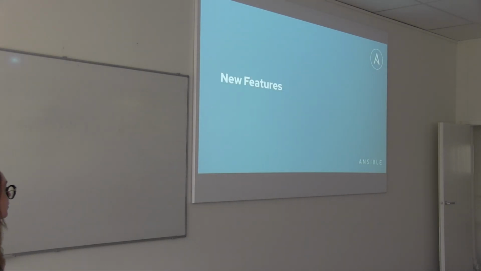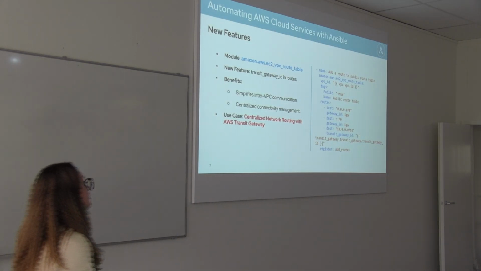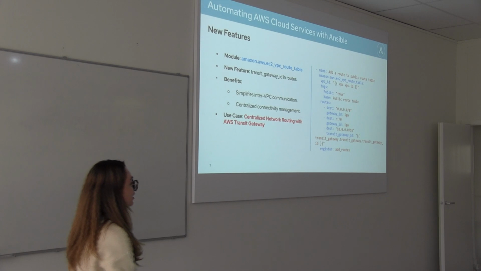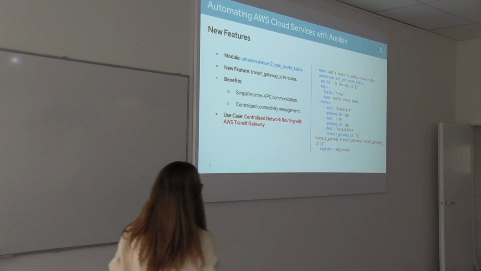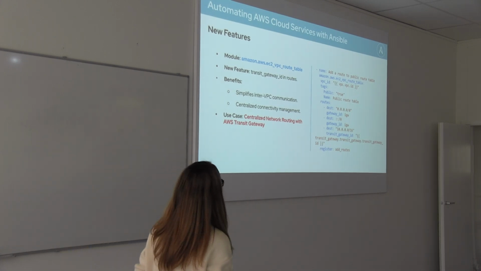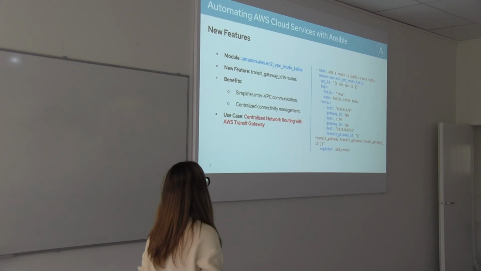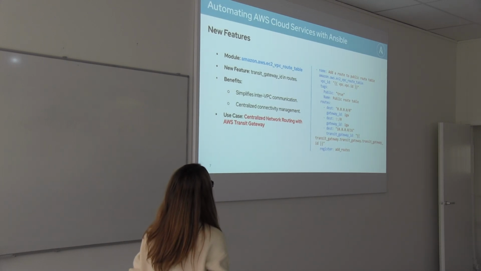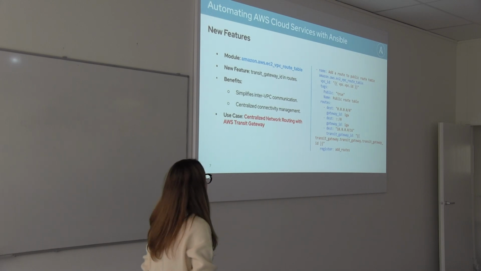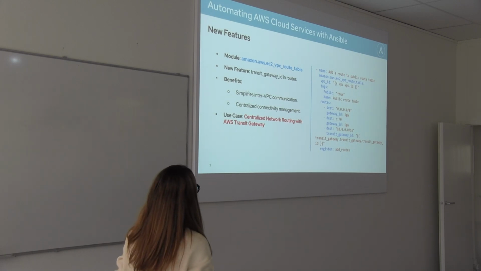And now let's focus on some new features and see how you can leverage those in your daily automation experience. The first one is for the EC2 VPC route table module, which now supports the ability to pass the transit gateway ID directly in the route.